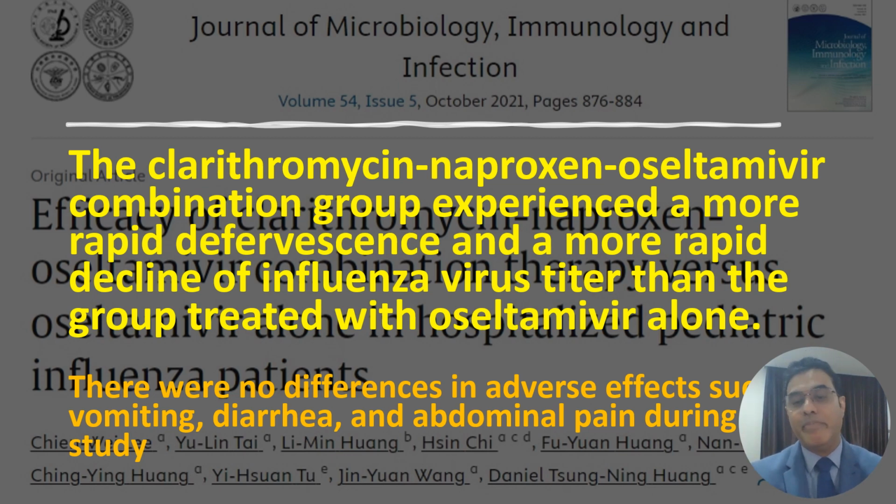Fortunately, there was no difference in adverse effects such as severe gastric symptoms, even though clarithromycin, NSAIDs, and oseltamivir are all notorious for causing gastric problems. So you can give the cocktail therapy a trial in patients with comorbidities. I personally saw good benefits using this cocktail therapy.